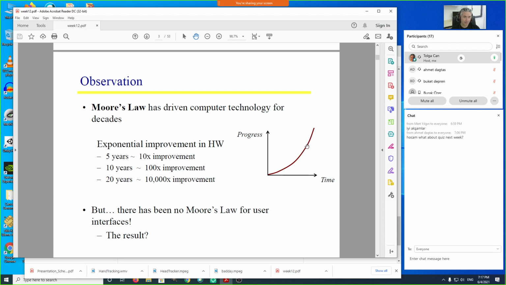This doesn't happen. It's obviously possible. We have the technology for that, but it's not part of our everyday experience with these desktop devices yet.